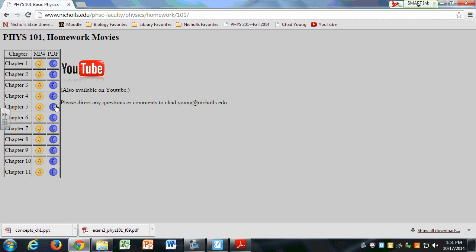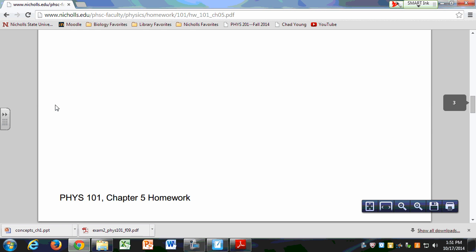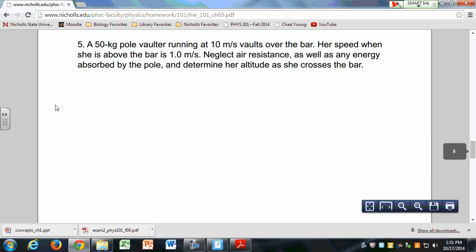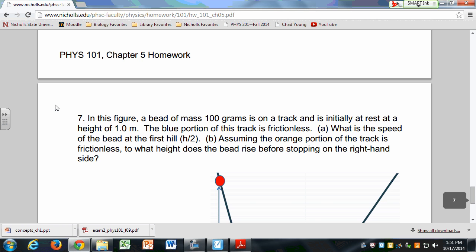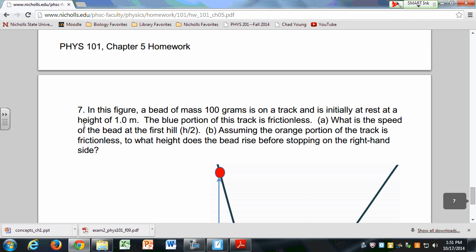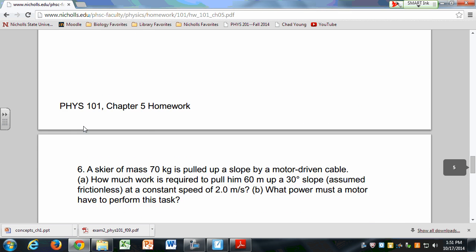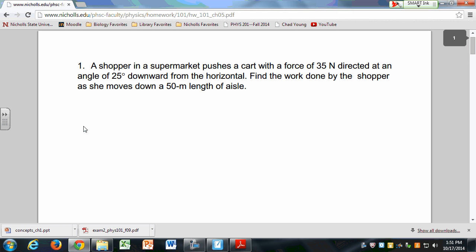Chapter 5? Lots of conservation of energy problems. Oh no, there's not one in your homework like this, actually. Alright, but we did do one in class.